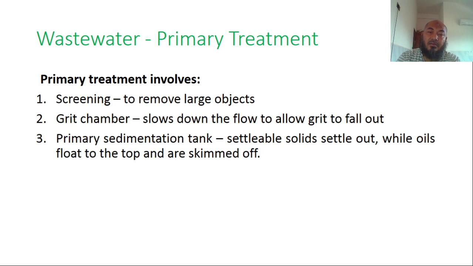This is to slow down the flow to allow grit to fall out. And number three is the primary sedimentation tank, for settling solids. Settleable solids can settle out, with oil floating on top and being skimmed off. So that means the grease can be removed in the primary sedimentation tank.